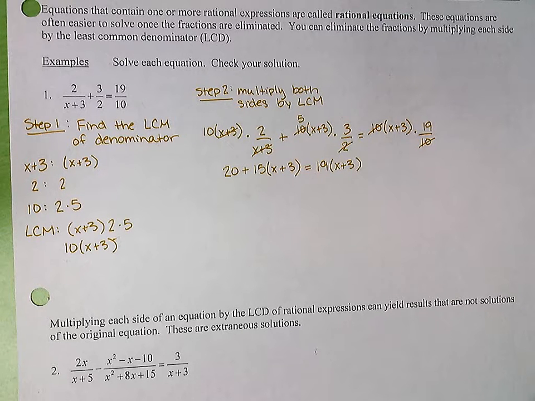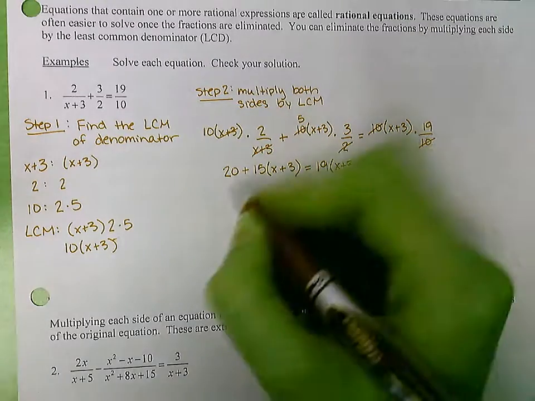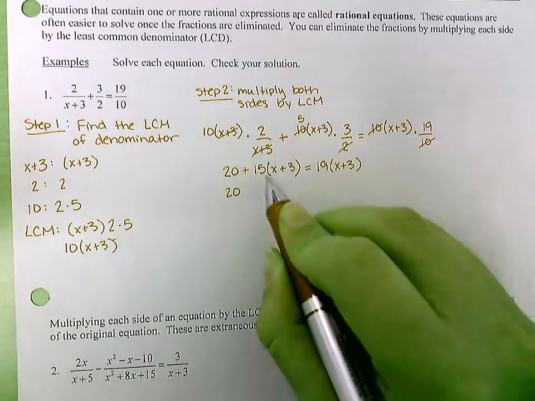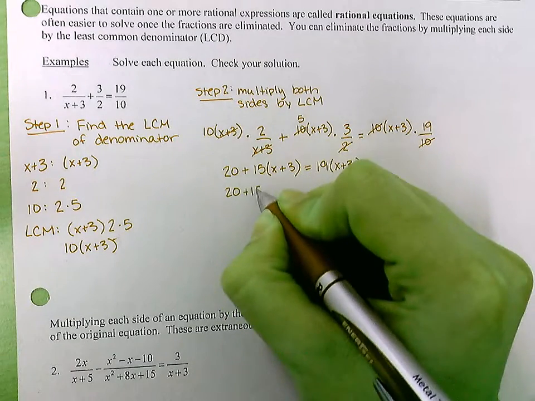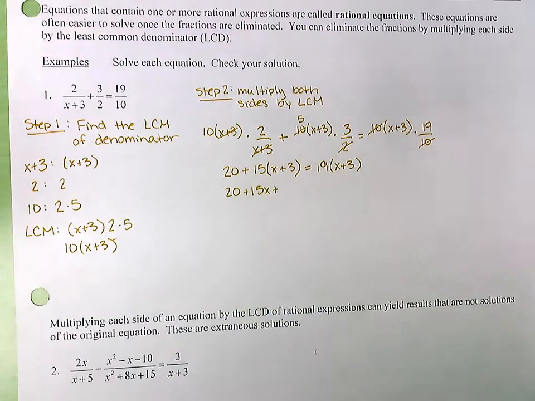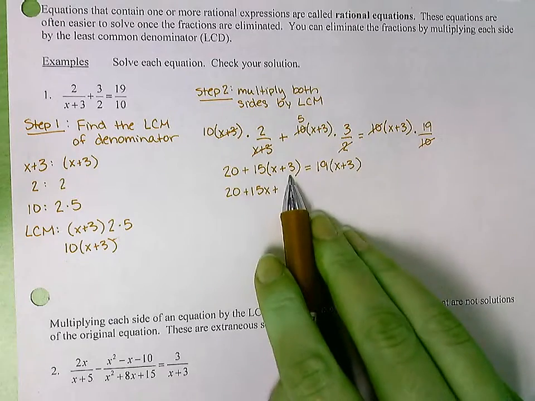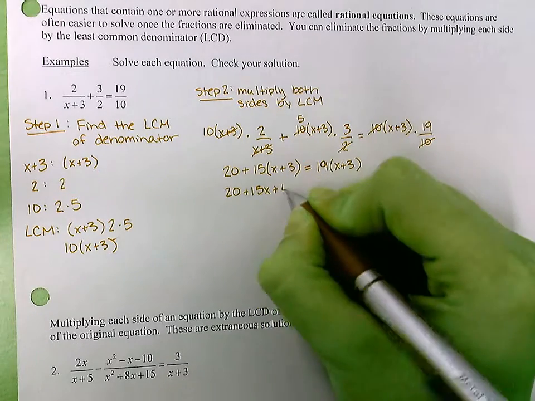Okay, now all we have to do is solve for x. So I still have 20. I'm going to distribute my 15 to both of those terms. So I have plus 15x plus 15 times 3 is 45.